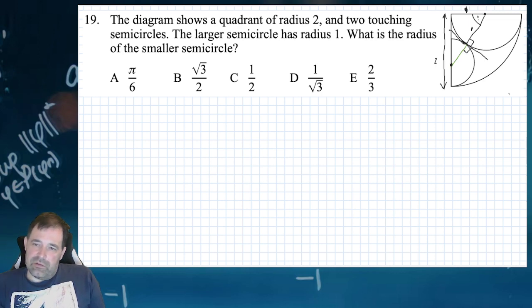You're saying the top circle consumes some area from the top area of the quadrant.